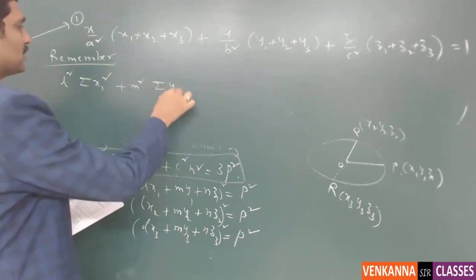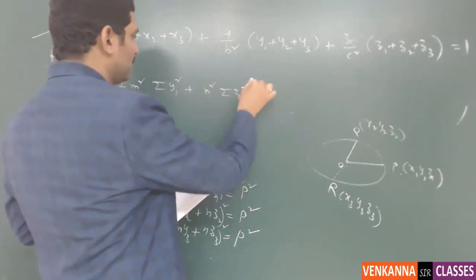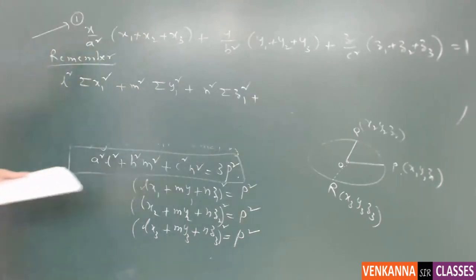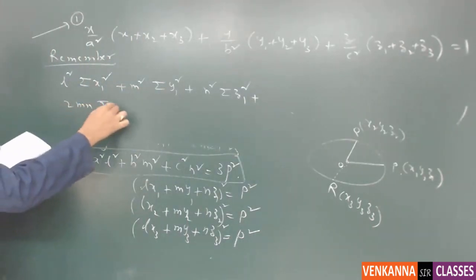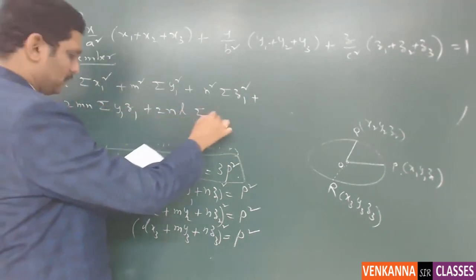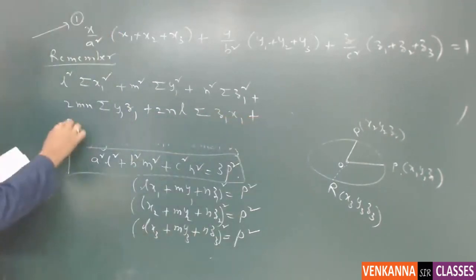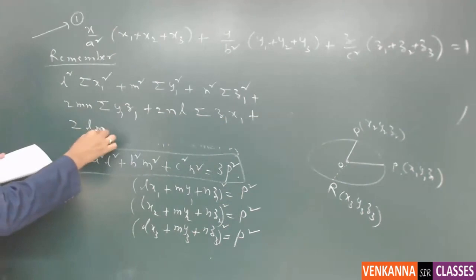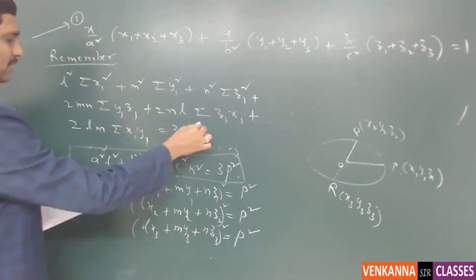M square into sigma y1 square plus N square into sigma z1 square plus 2mn into sigma y1 z1 plus 2nl into sigma z1 x1 plus 2lm into sigma x1 y1 is equal to 3p square.